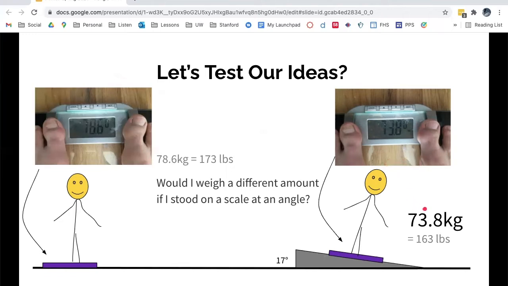I weighed 73.8 kilograms, which is about the same as 163 pounds. So by standing on a ramp, I ended up losing about 10 pounds. And that might seem a little weird to you. Why would being at an angle cause me to weigh less?